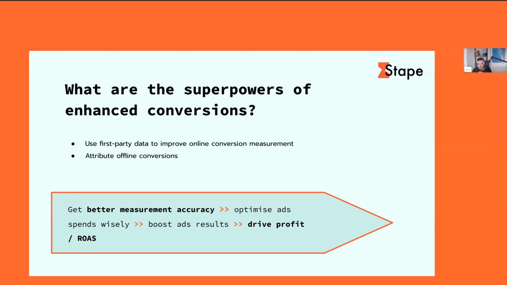Attributing offline conversions is the second case. With the presence of user data, you can stitch offline data to online data. An example would be a lead form submission on your website, tracked and delivered to Google Ads, and then some sort of offline conversion that happened after that, outside of website engagement.